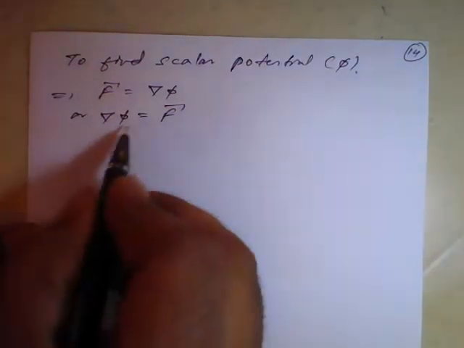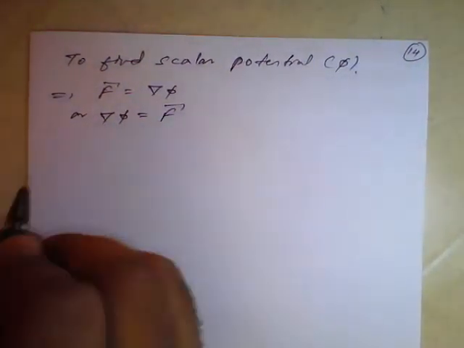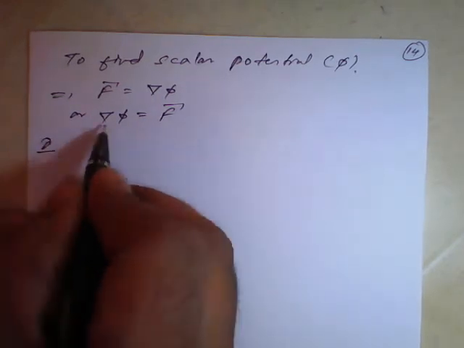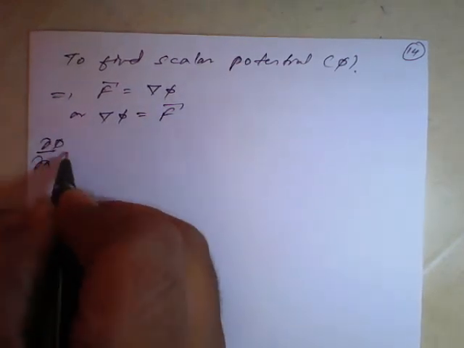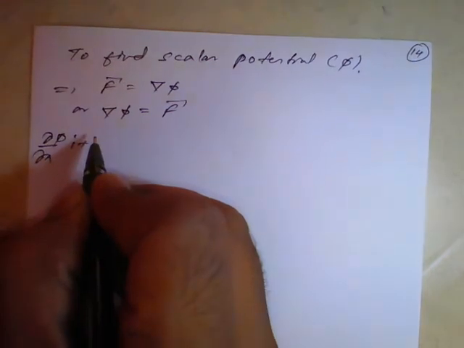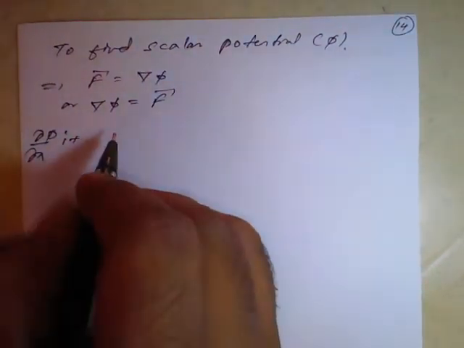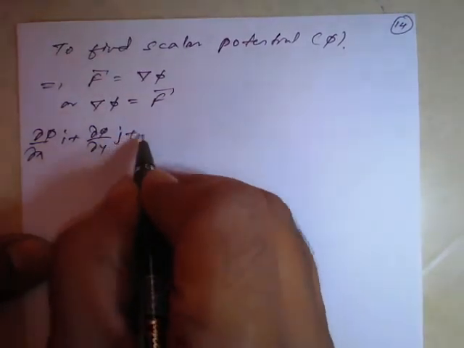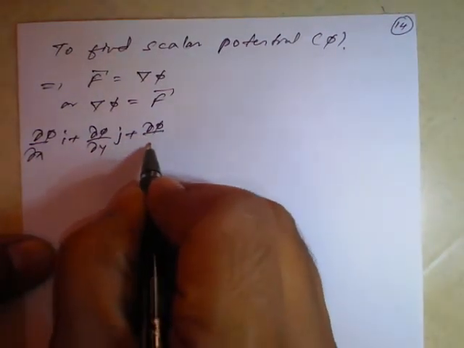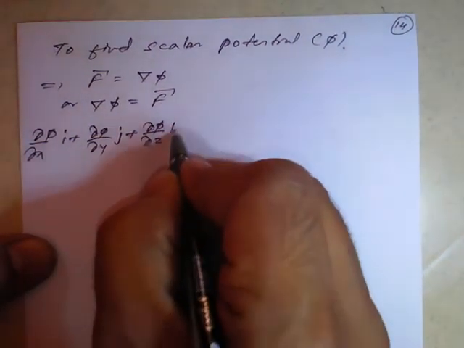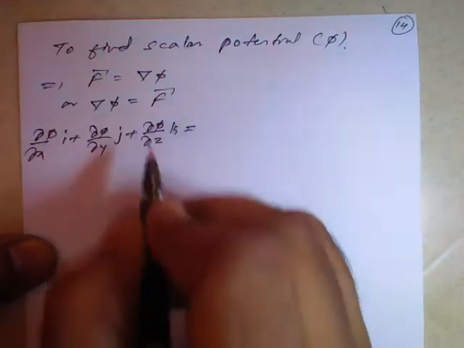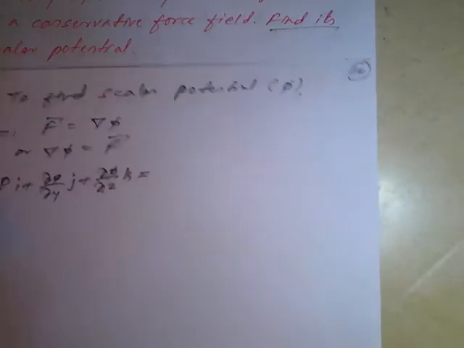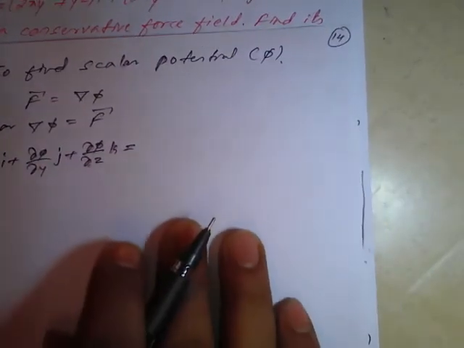So now I will apply here. Del phi is nothing but ∂φ/∂x of i plus ∂φ/∂y of j plus ∂φ/∂z of k, equal to vector F. It is given in the question itself. So what is vector F here? From the question we need to copy correctly.